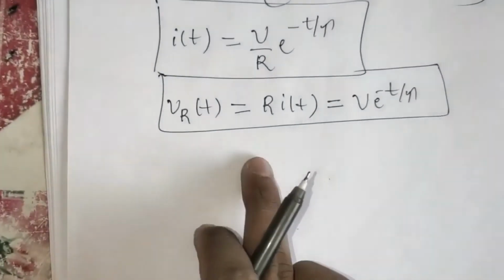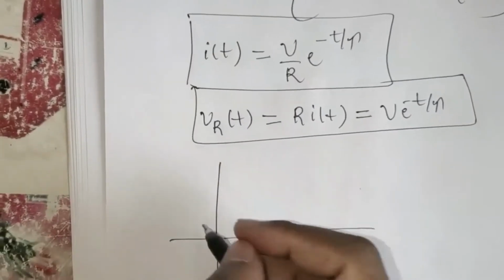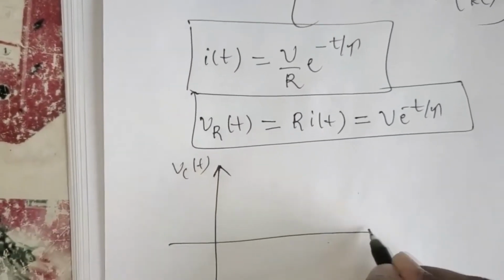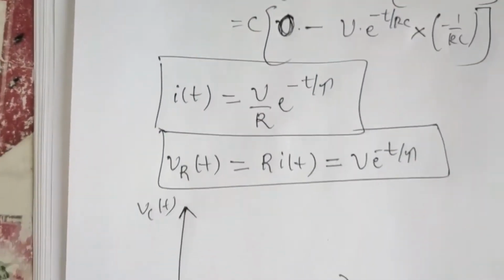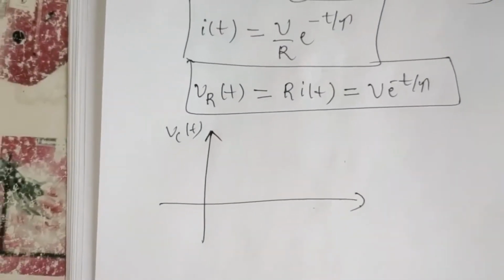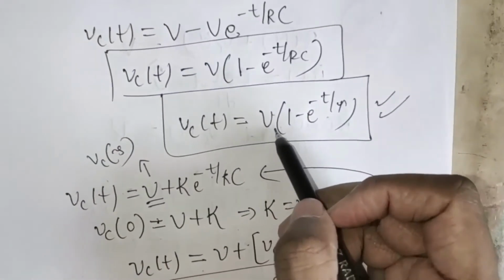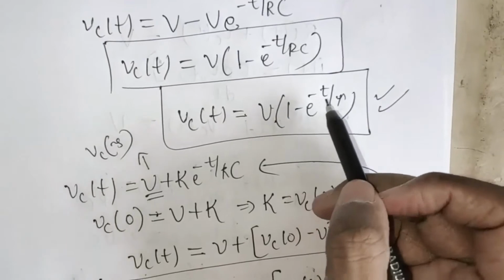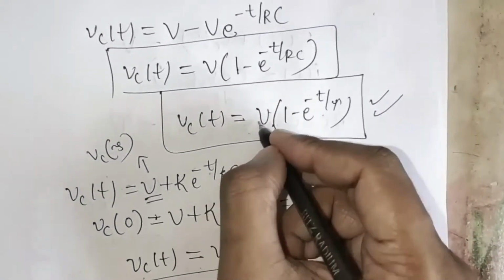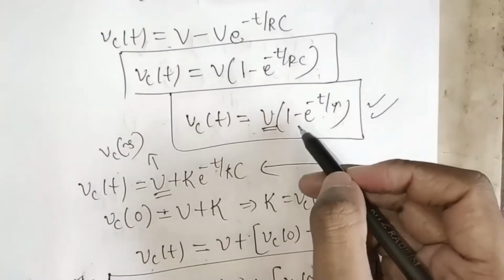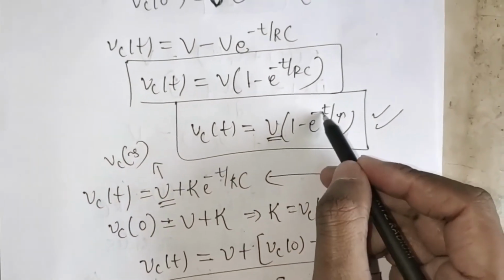If I draw the expression for Vc of t, as we know, Vc of t is V into 1 minus e power minus t by tau. So the steady state value is V, and it is exponentially increasing.